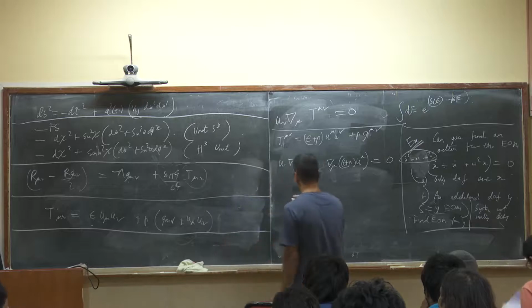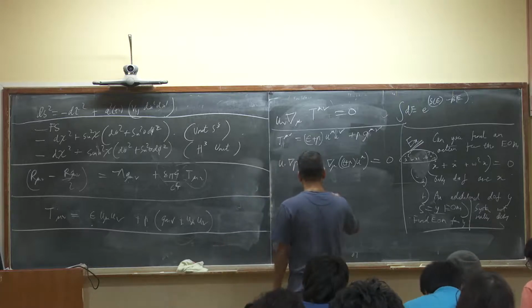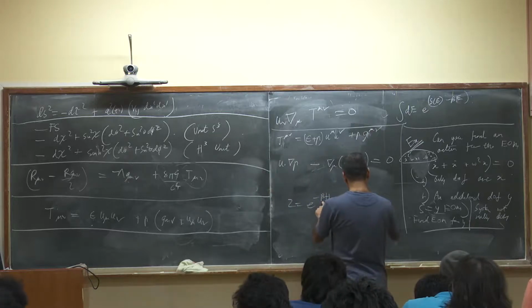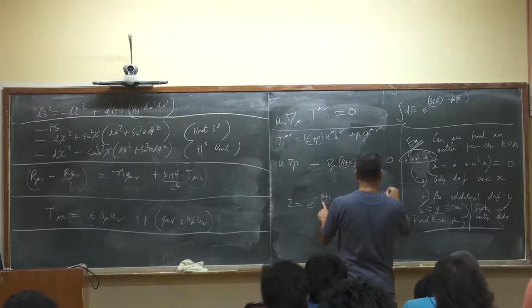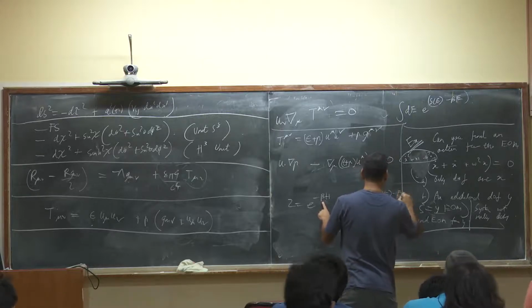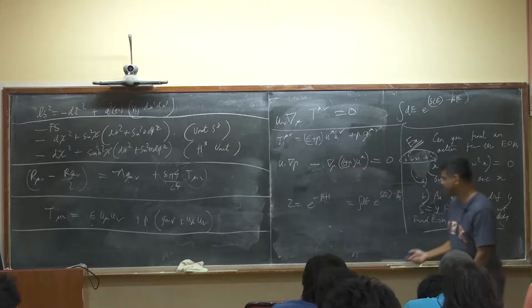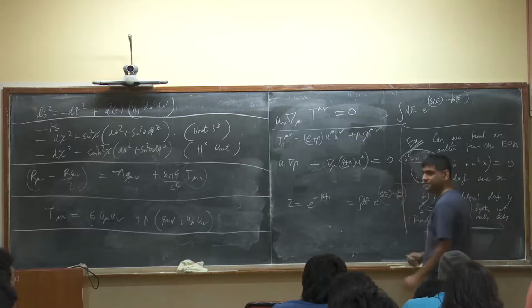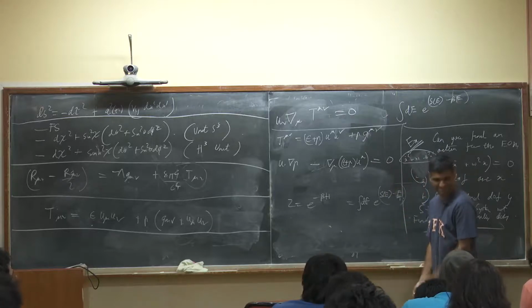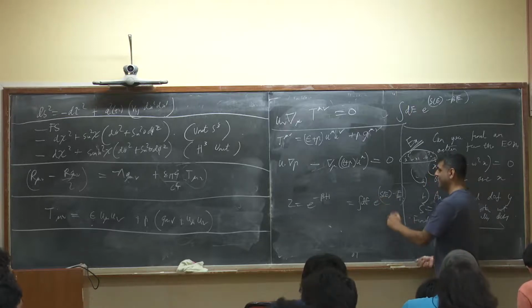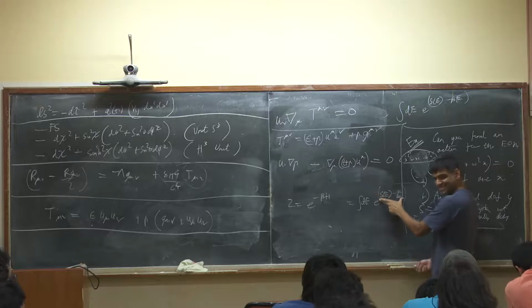We had Z equal to e to the power minus beta H, and this we wrote as the integral dE e to the power S of E minus E by T. Now this whole thing here times T was P. So this plus E cancels and you get TS.